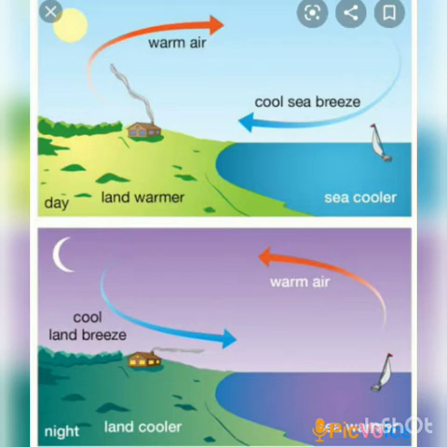Its place is taken up by the cool air above the land, and the movement of air from land towards sea is known as land breeze, and the movement of air from sea towards land is known as sea breeze.